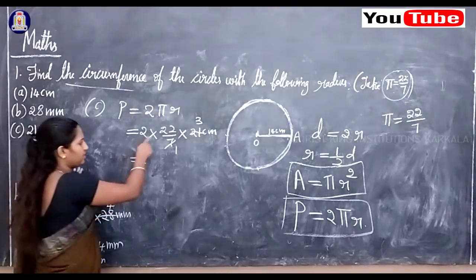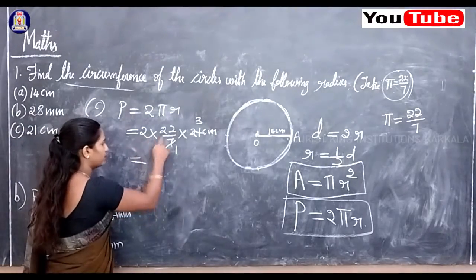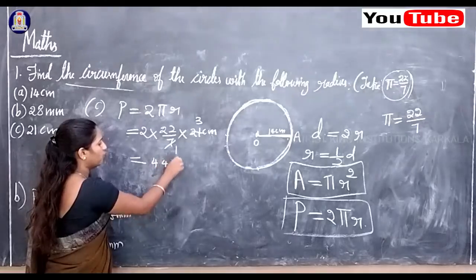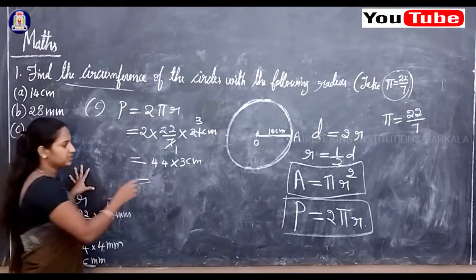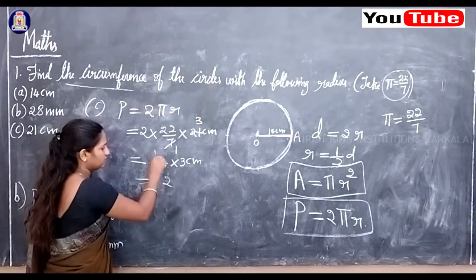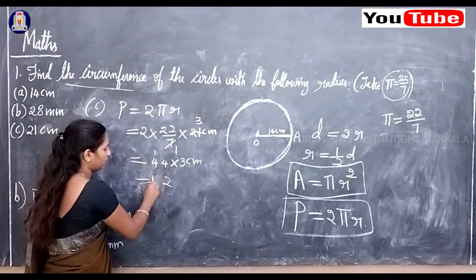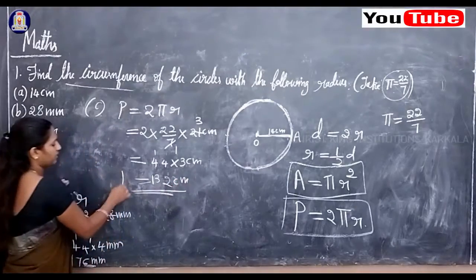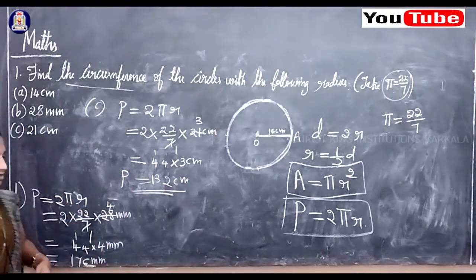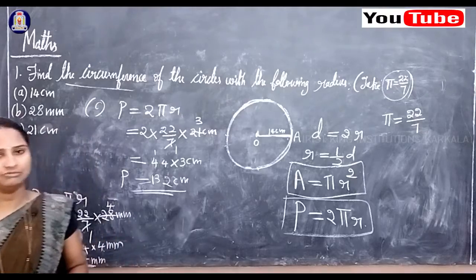So multiply the remaining values. 2 into 22, 44 into 3. 3 4s are 12, 1 remaining, 3 4s are 12, 12 plus 1, 13. So the perimeter of the circle is 132 centimeter.